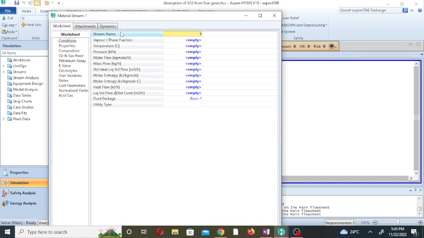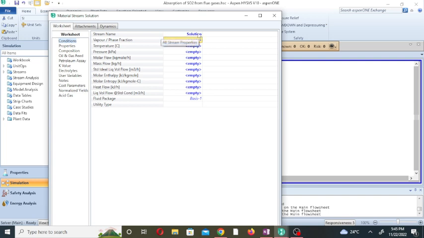The solution is coming from the top. So we will add the solution.